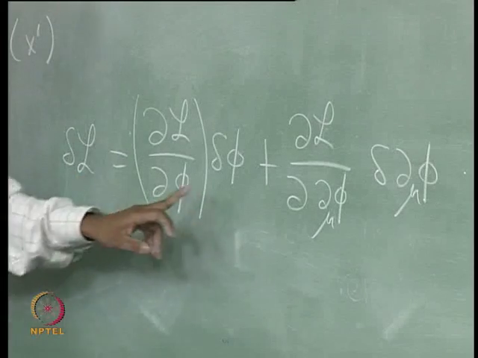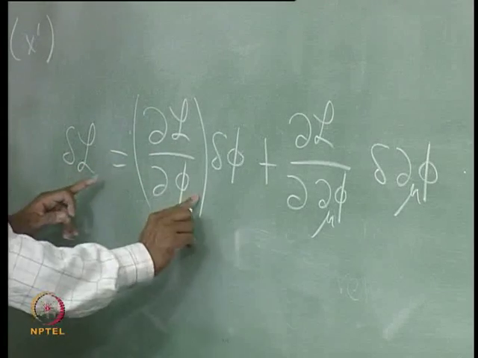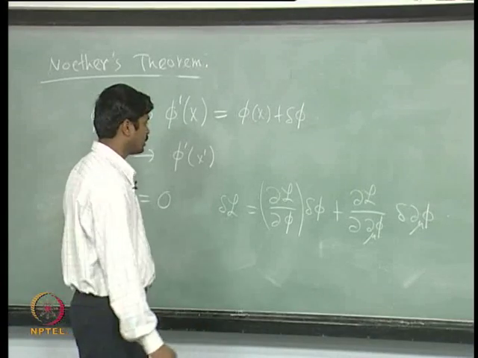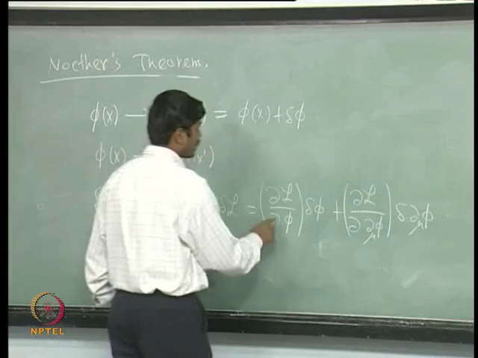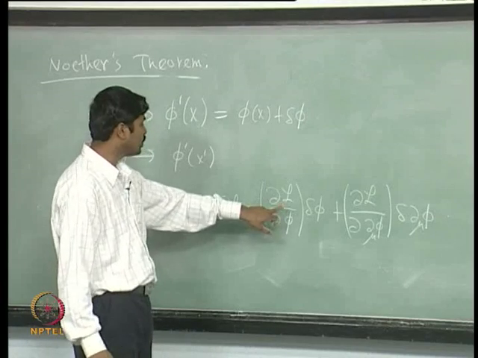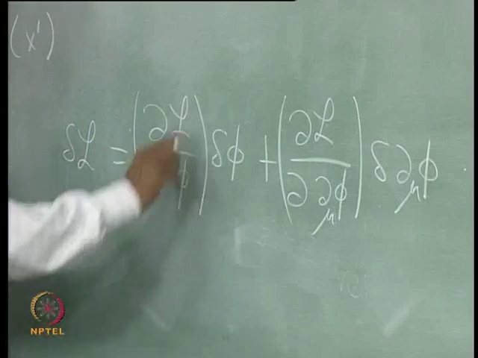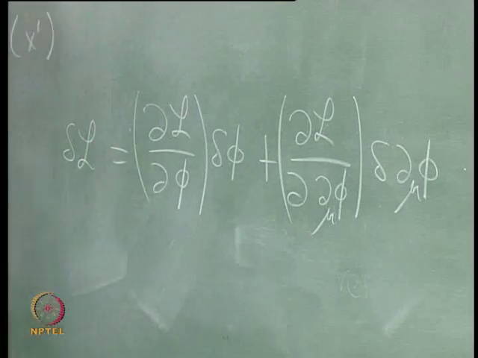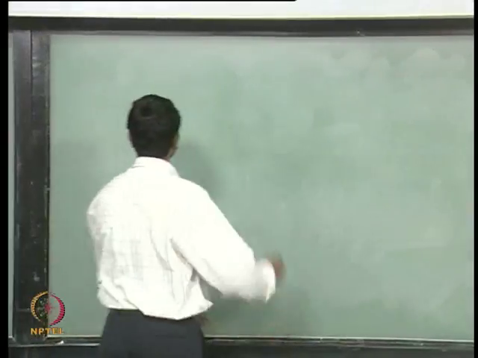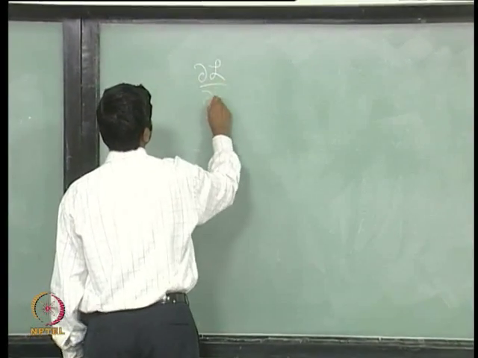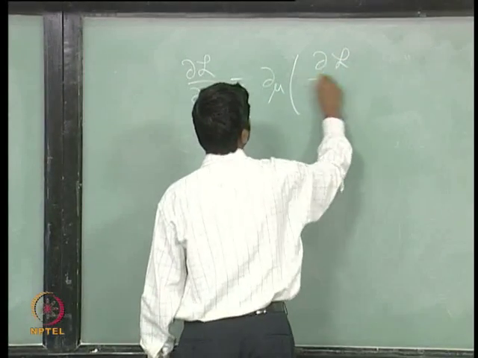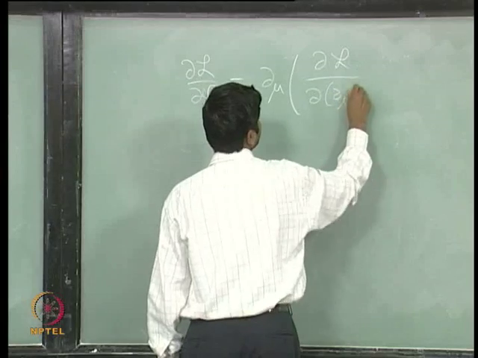Remember, here this variation is done at every point in the space time, okay? And we will consider the field configurations which satisfy the Euler Lagrange equation. So, we will use the Euler Lagrange equation to substitute for the first term here. Using the Euler Lagrange equation, we find that del L over del phi is equal to del mu of del L over del mu phi.